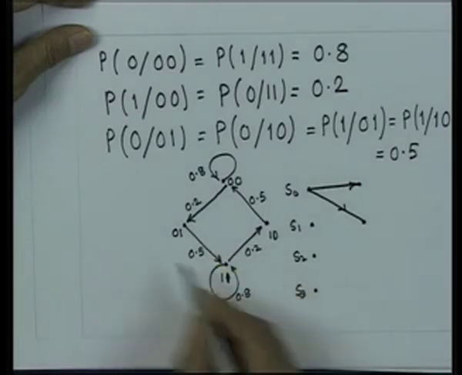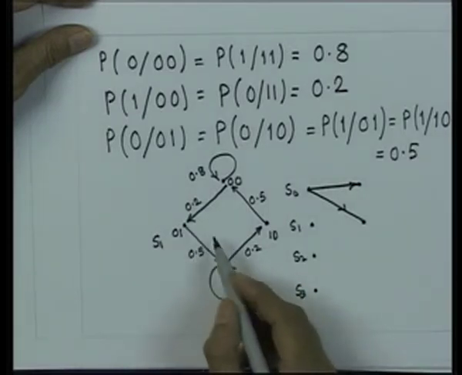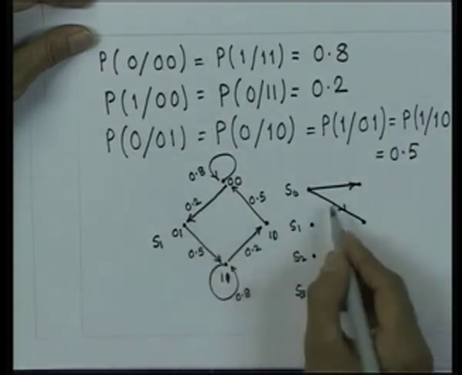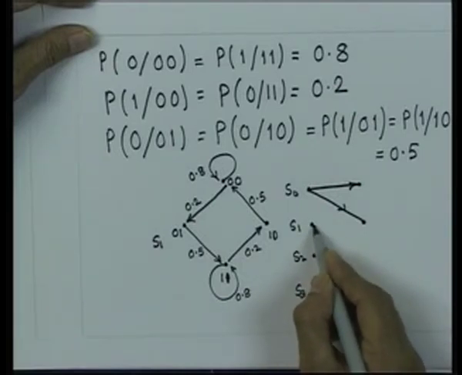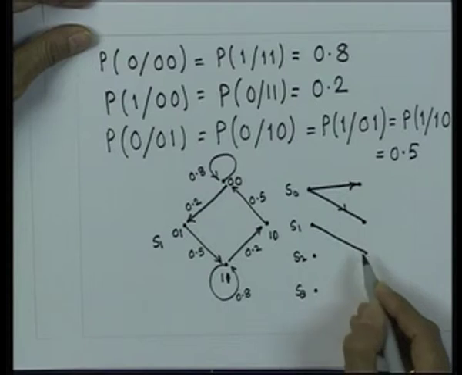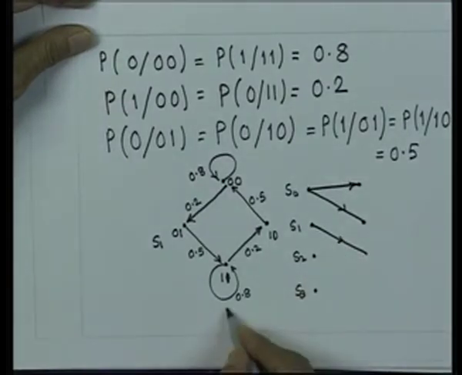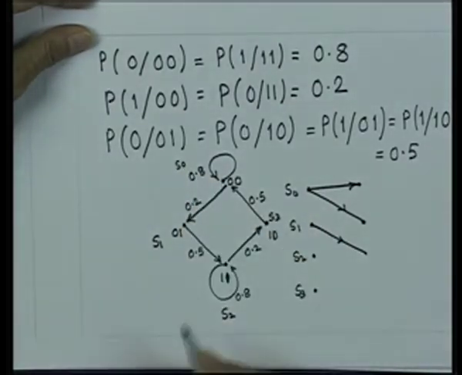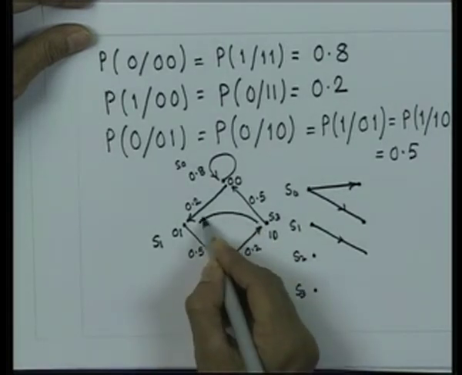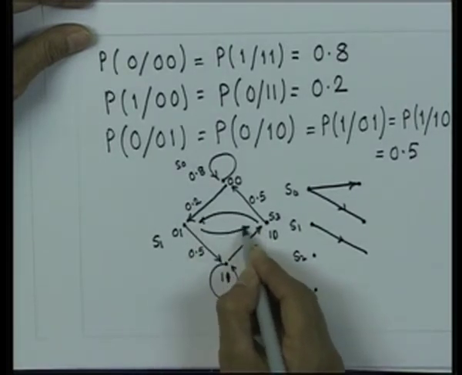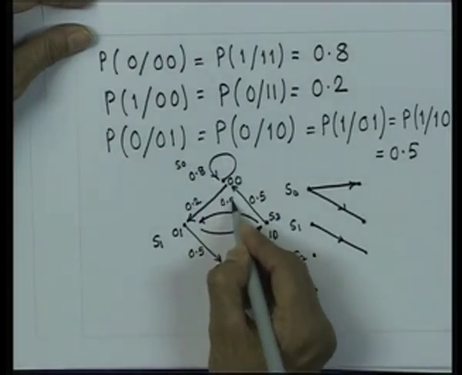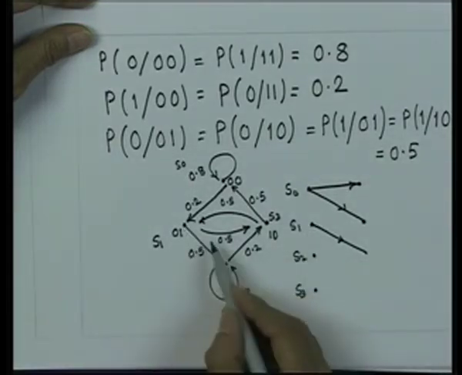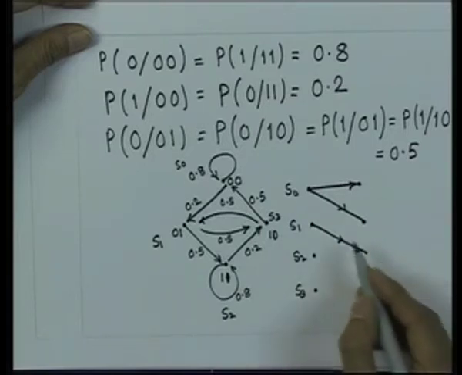Similarly, if you look at S1, S1 can go from S1 to S2. This is my S2 state, this is my S3 state, this is my S0 state. There should also be a link between these, and this is again 0.5, 0.5. So, I have a transition from S1 to S2, or it can be from S1 to S3.